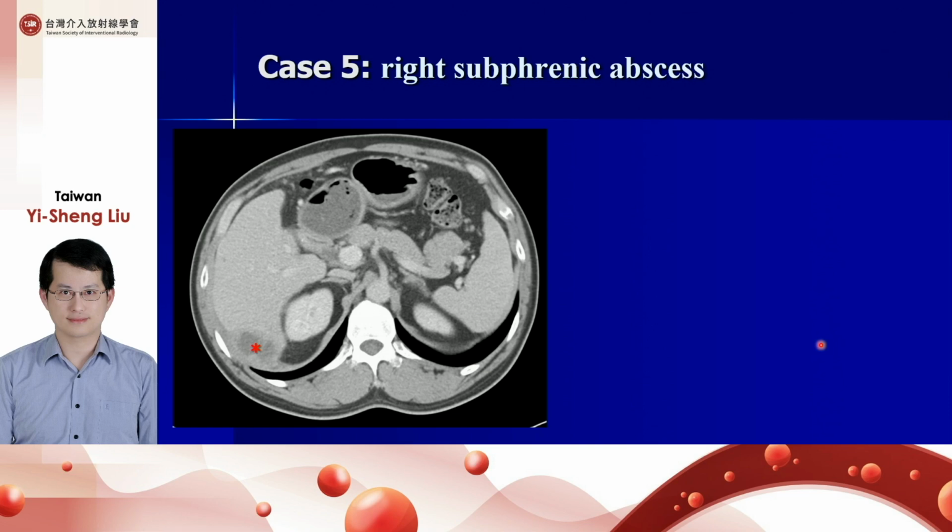Subphrenic abscess is challenging for interventional radiologists. A right or left subphrenic abscess could be approached through the liver, stomach, or spleen. This is a right subphrenic abscess. The clinician asked to drain this abscess because the lesion showed poor response to antibiotics.